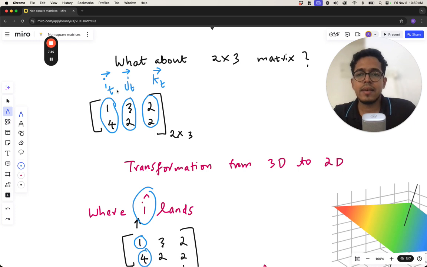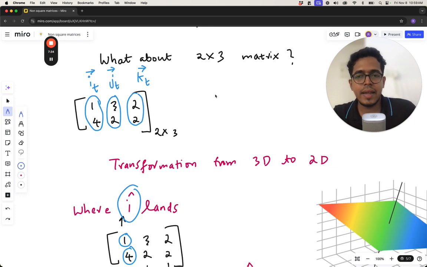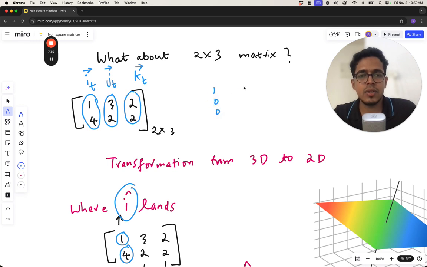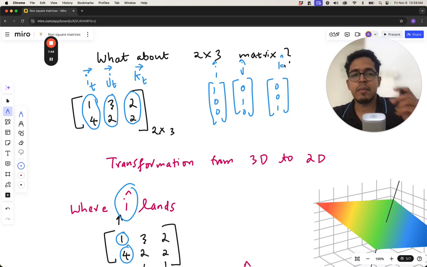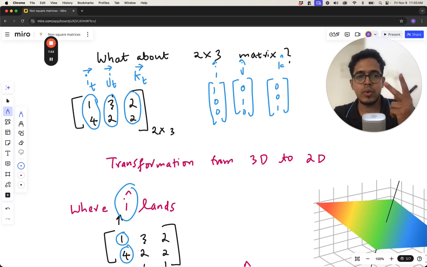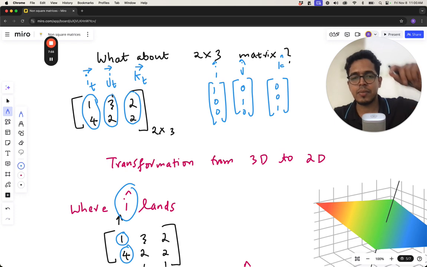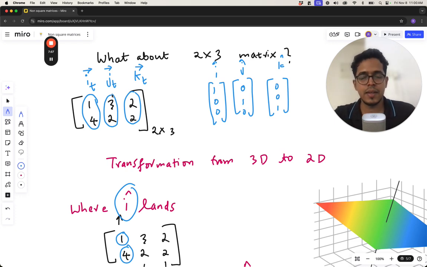But you know that i, j, and k were originally like this: 1 0 0, 0 1 0, and so on. So this was i cap, this was j cap, and this was k cap, and they have 3 dimensions. But after transformation, those 3 vectors only have 2 dimensions. So this is a transformation from 3D space into a 2D space.